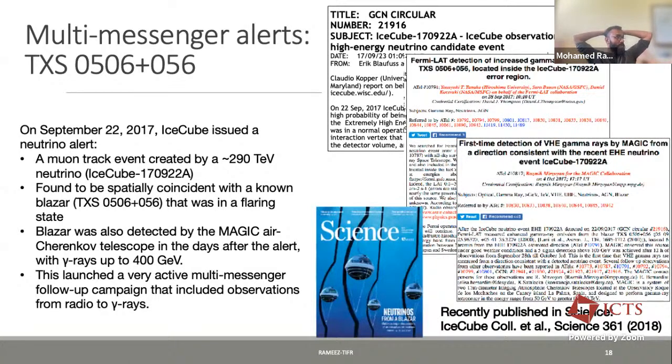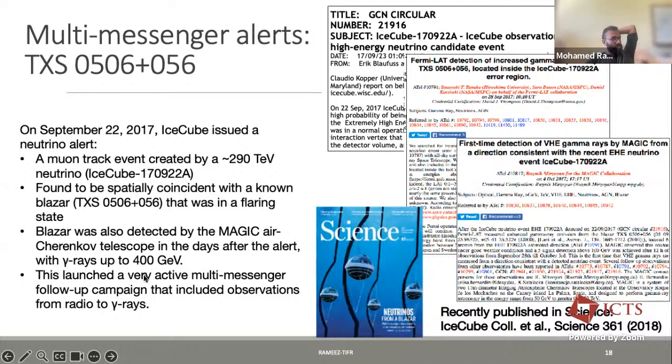A muon track event, which was created by a 290 TeV neutrino, was detected by IceCube itself. The moment we reconstructed the direction, we realized it was compatible with the direction of a known blazar, which is now known as the Texas source, TXS 0506+056.